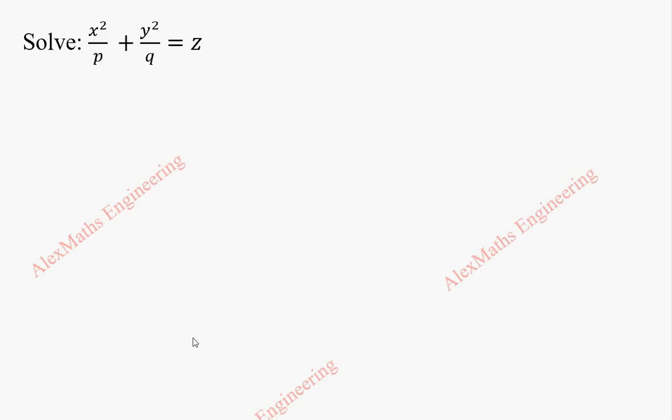In this video, we are going to solve the given partial differential equation. We are going to rearrange this. So this can be taken as x square into p power minus 1 plus y square into q power minus 1 equal to z.